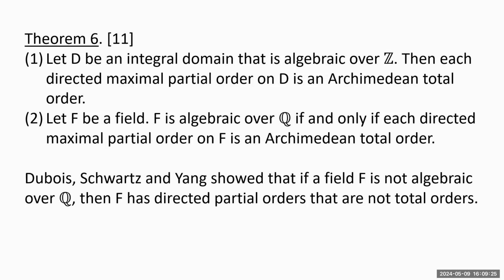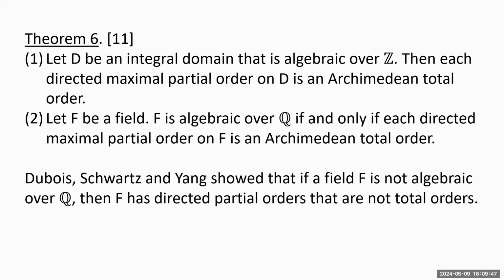So D being algebraic over Z is a sufficient condition for each maximum partial order to be a total order, but I don't know if this condition is necessary or not. So far, I cannot find a counterexample.